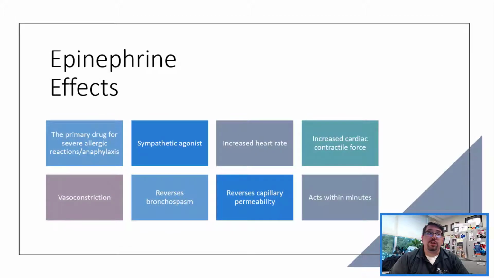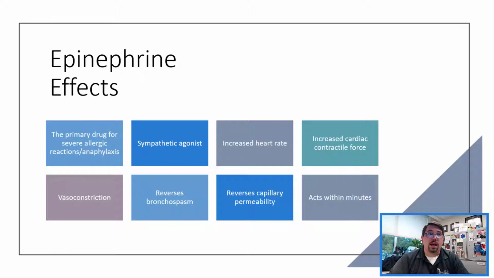We are familiar with the use of epinephrine and epinephrine's effects. We must recognize that epi is a primary drug for severe symptomatic reaction or anaphylaxis. We know that the drug itself is a sympathetic agonist, meaning that it stimulates the sympathetic nervous system.